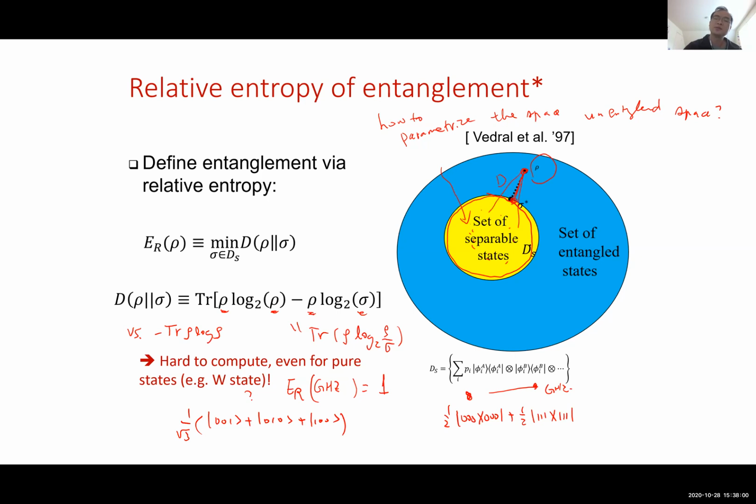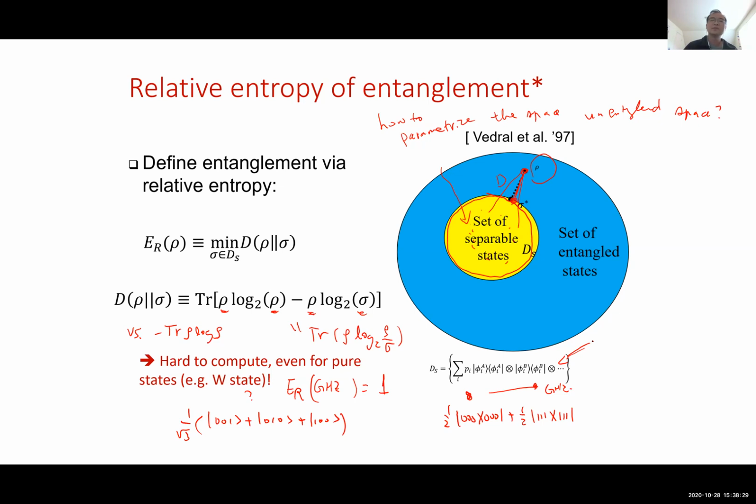I schematically drew a boundary, but the real geometry is not known. We only know it's a convex set. So that's very difficult. I can't naively write that, and for general n-qubit, this is also a very large space.